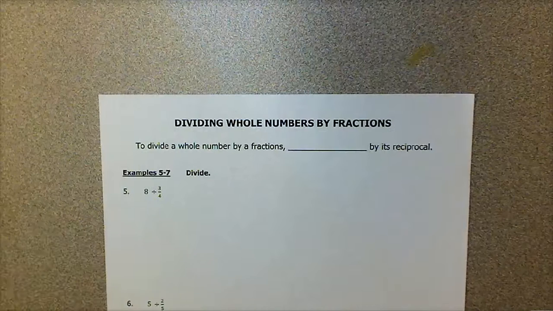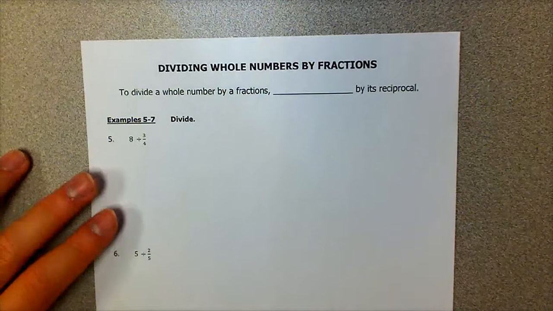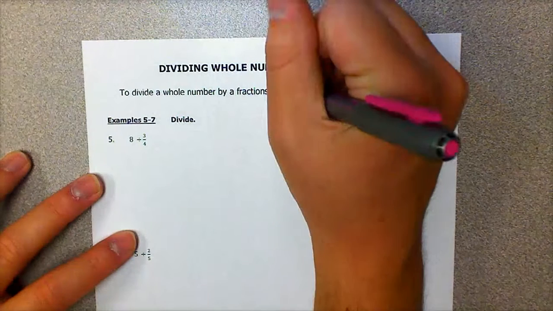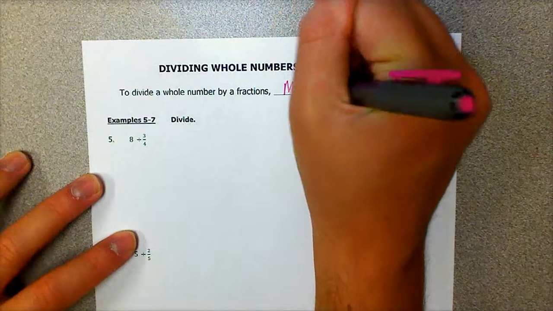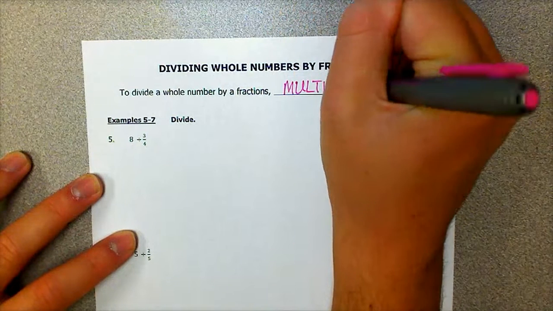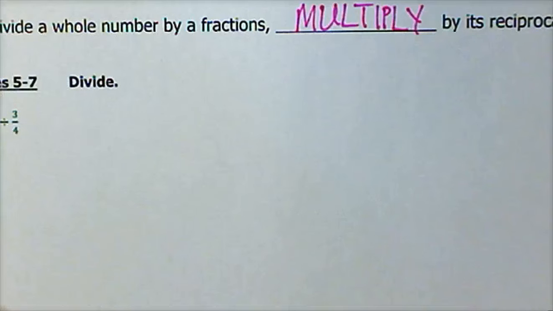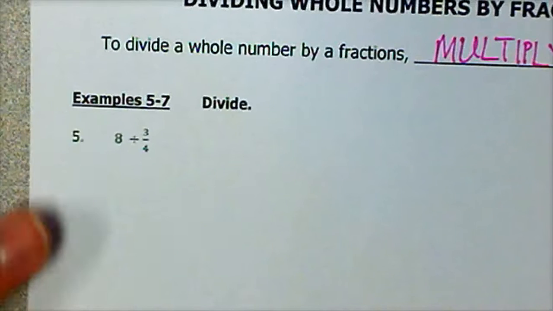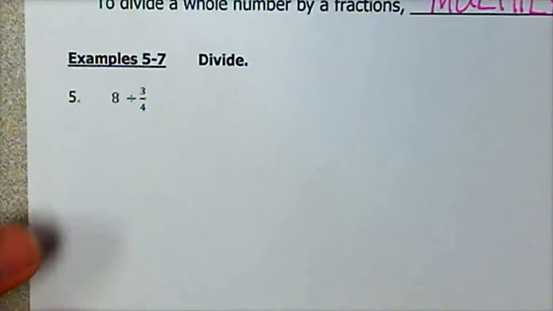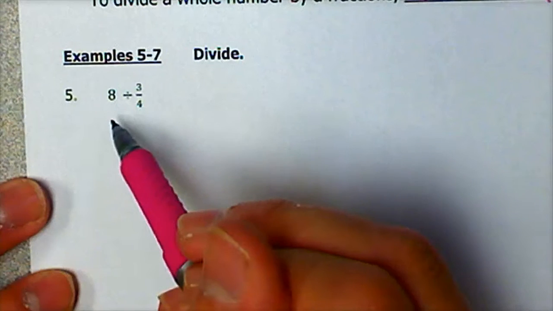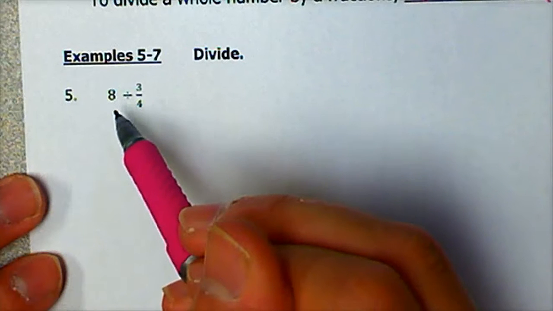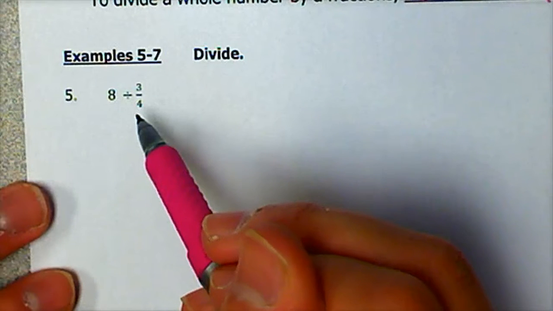To divide a whole number by a fraction, you simply multiply the whole number by that fraction's reciprocal. Okay, to divide whole numbers by fractions, we multiply the whole number by the fraction's reciprocal. So for number 5 here, I have the whole number 8 divided by the fraction 3/4.